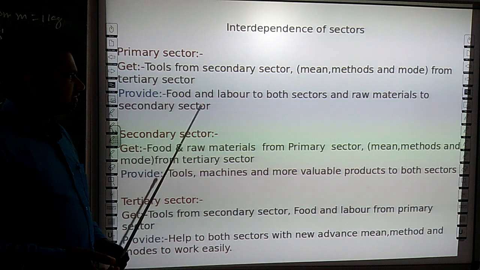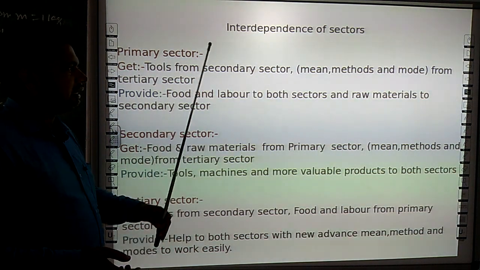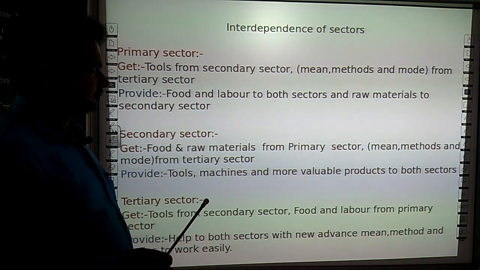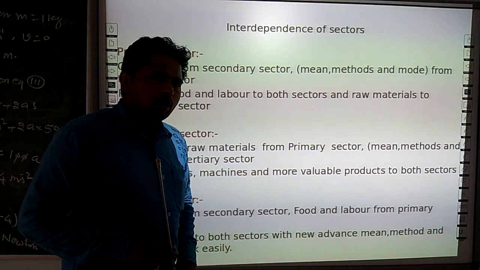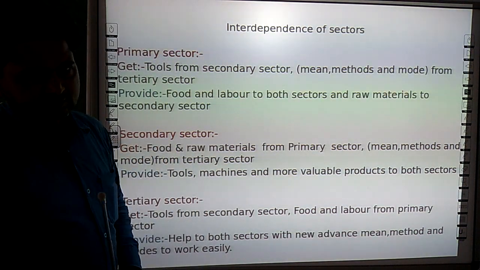What does the primary sector provide to both these sectors? It provides food and labor to both sectors. Even it provides raw material to the secondary sector.